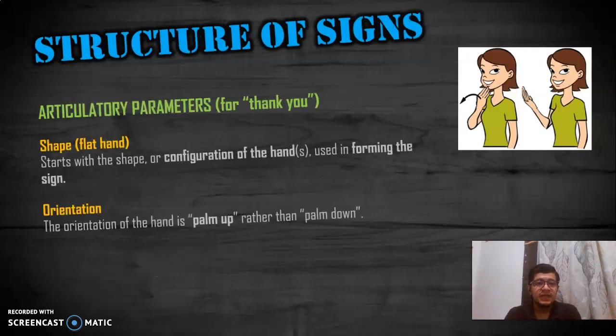The structure of the signs. Sign language is a system, so it has different parameters. The first is the shape. And I'm going to talk about the structure of the signs for the phrase thank you. The first one is shape, and it means the configuration of the hand.